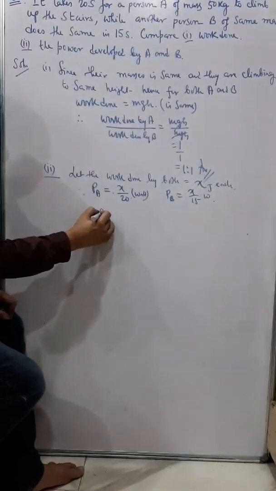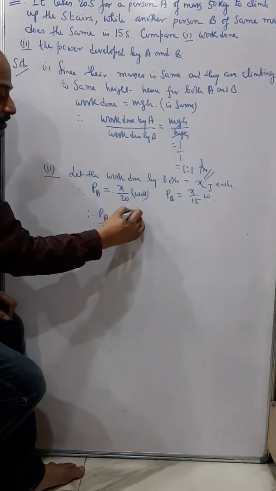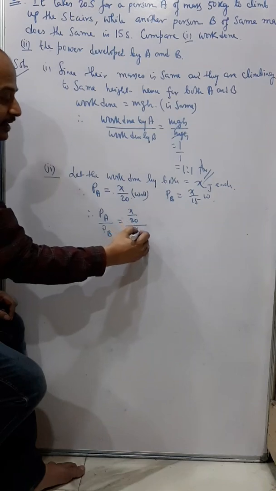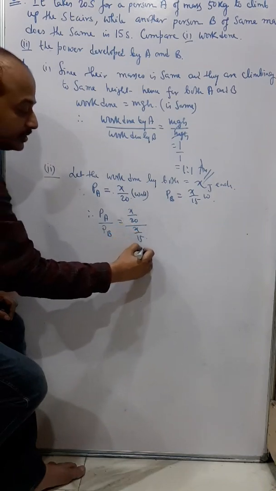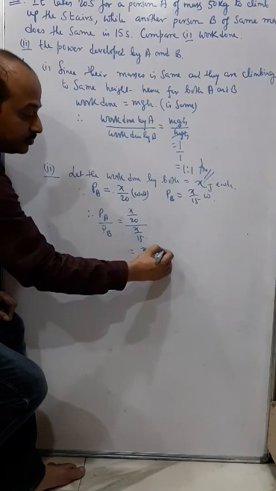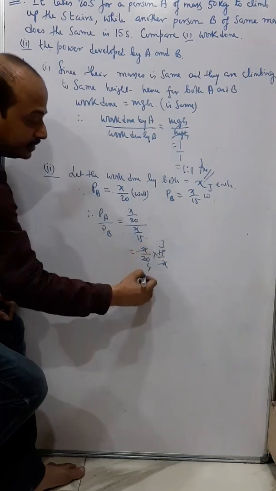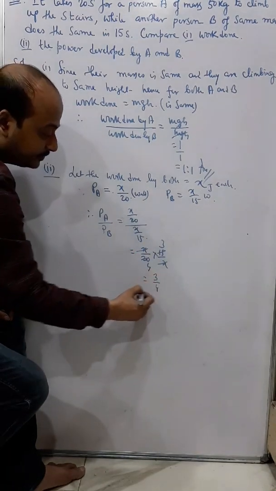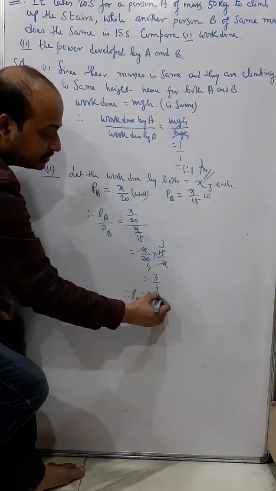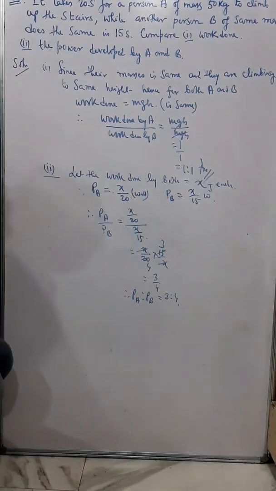So simply we can say power of A by power of B is equal to x by 20 watt by x by 15 watt. So we are getting x by 20 into 15 by x, and 5 4s are 20 and 5 3s are 15. So we are getting 3 by 4, and therefore the power ratio we are getting as 3:4. Okay, understand?